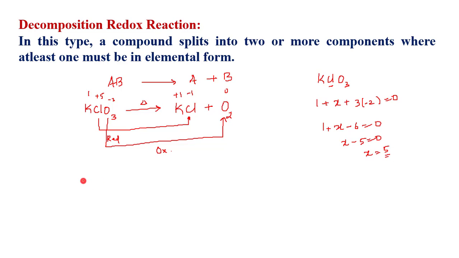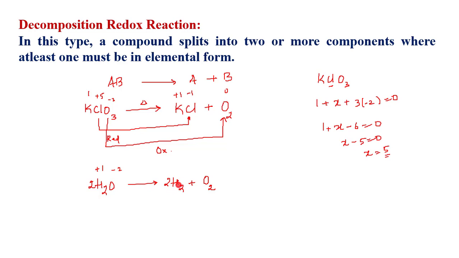One more example we'll take. Water, when it splits up, it will split up into hydrogen gas and oxygen gas. When you carry out the process of decomposition of water by different methods, it will decompose to produce hydrogen gas and oxygen gas. It is also a redox reaction. So you can see here, hydrogen is always taken as +1, oxygen is always taken as -2.